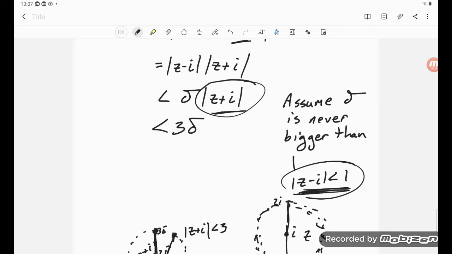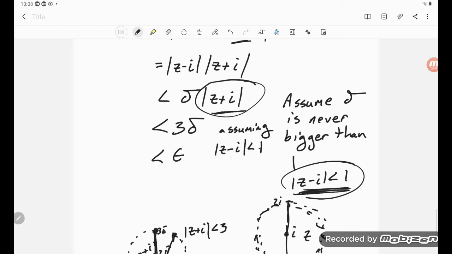Okay. At this point, and again, this is assuming |z minus i| is less than 1. Now, but I need this to be less than epsilon, no matter what is chosen for epsilon.